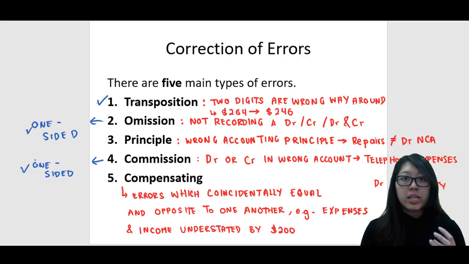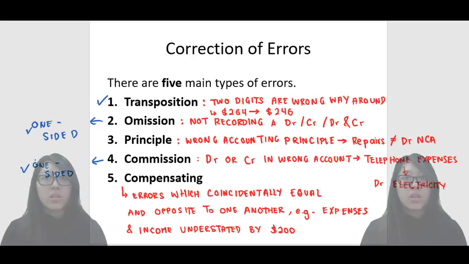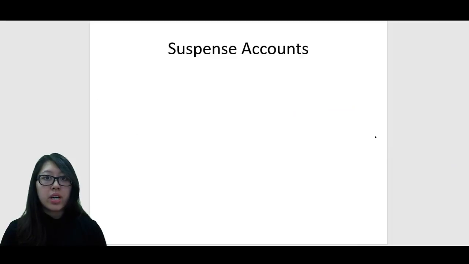Now, the next topic that I need to get into before we start trying some practices on how to correct errors is suspense accounts. A suspense account is a kind of account that's very different from the other accounts that we maintain in our books, because a suspense account is only open for the purpose of filling in as an entry for something that we don't know what it's for.